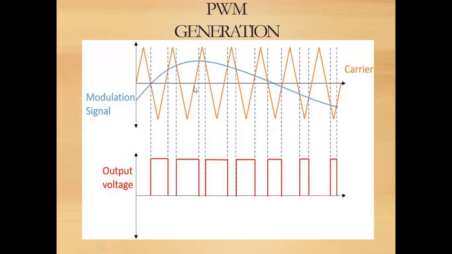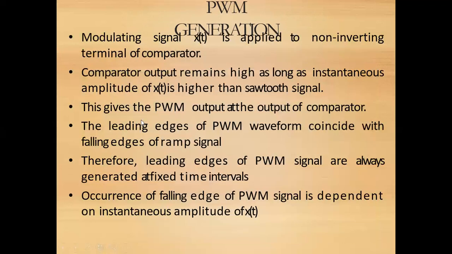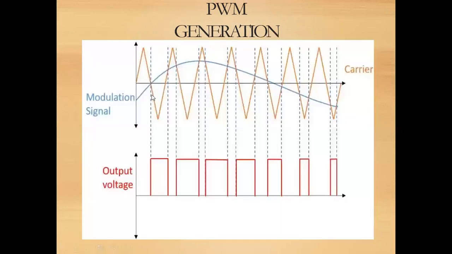As we said earlier, the comparator output remains high as long as the instantaneous amplitude of x(t) is higher than the sawtooth waveform. This is the sawtooth waveform. Here the signal is higher than the sawtooth waveform. Up to this, the pulse will be maintained high.